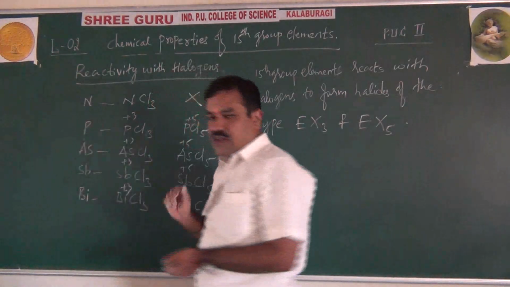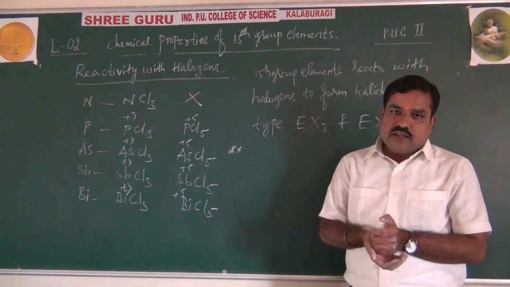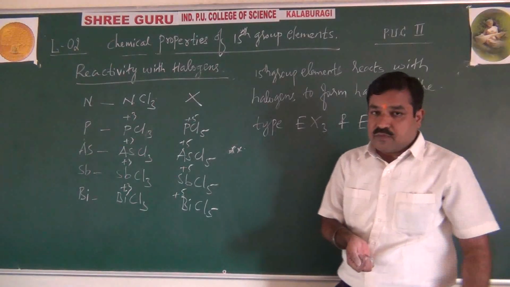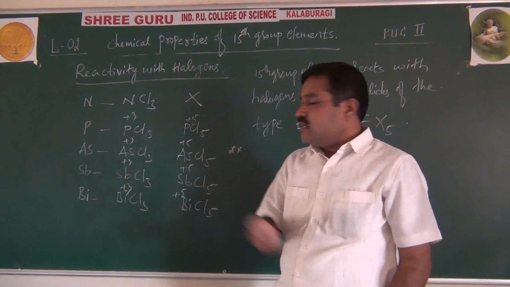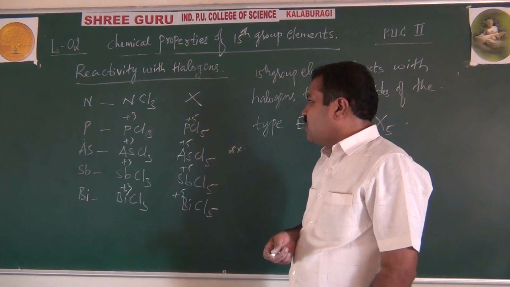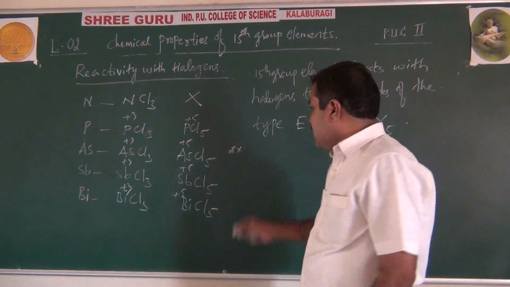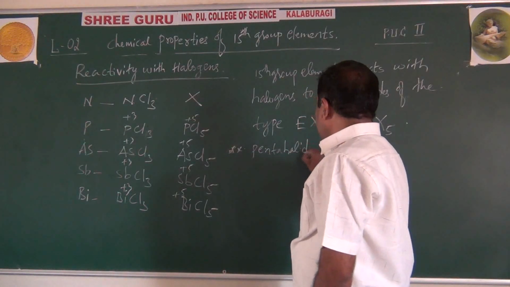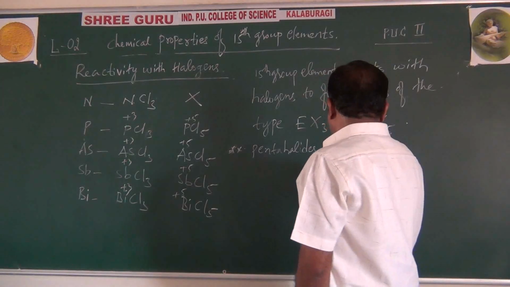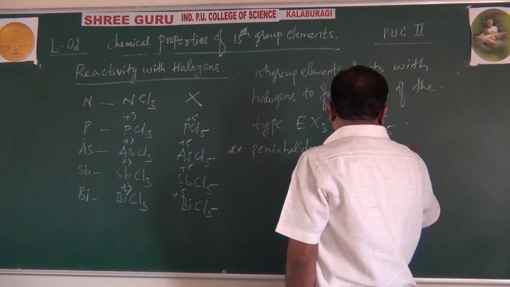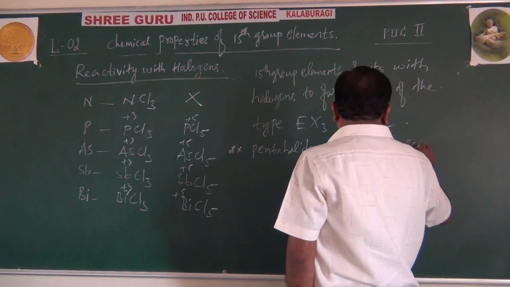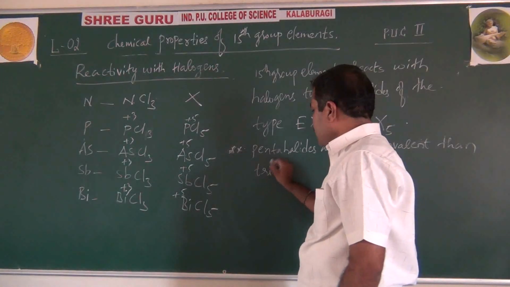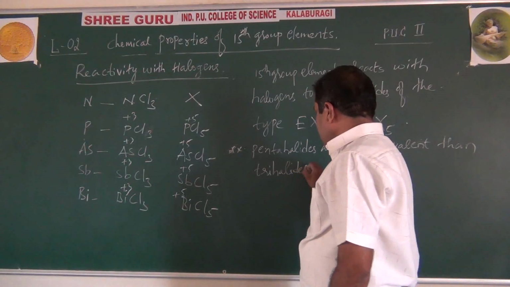Already I told you. Here also, as the oxidation number increases, no doubt acidic character increases, even covalent character also increases. Please point to be noted. As the oxidation number increases, covalent character also increases. That means pentahalides are more covalent than trihalides. Remember, pentahalides are more covalent than trihalides. Why?